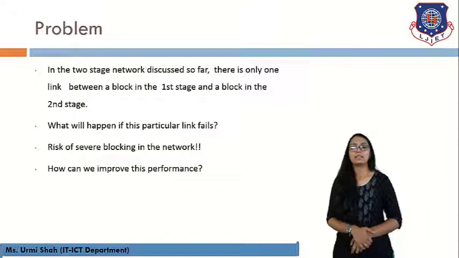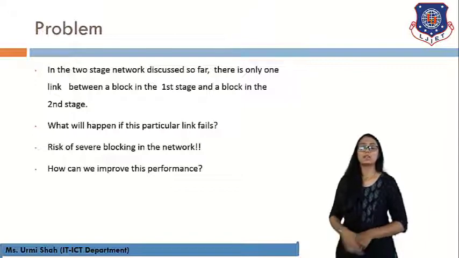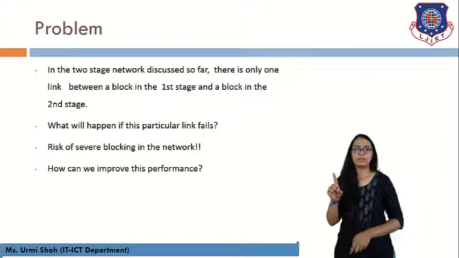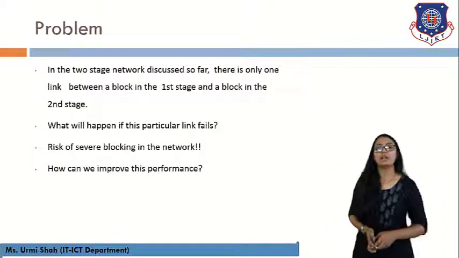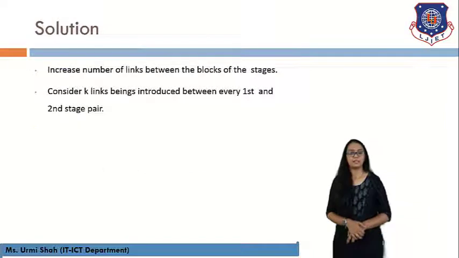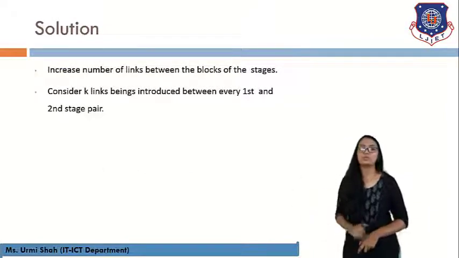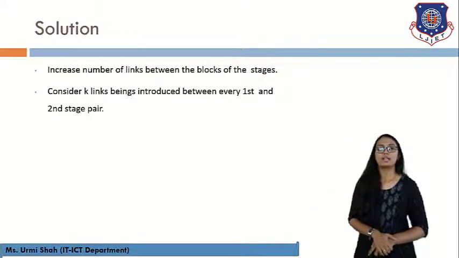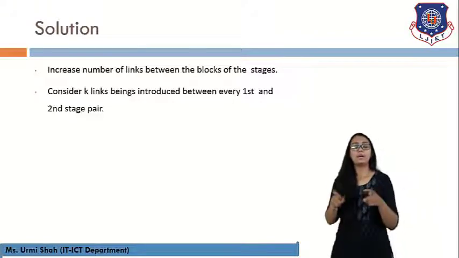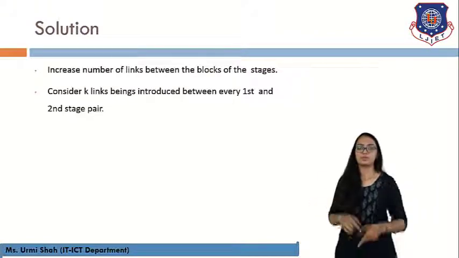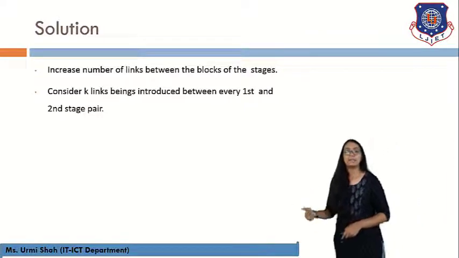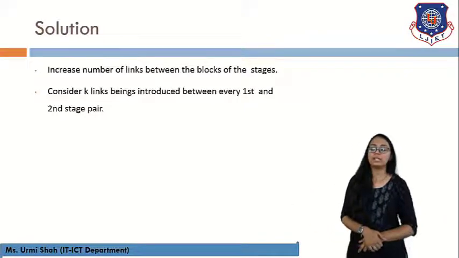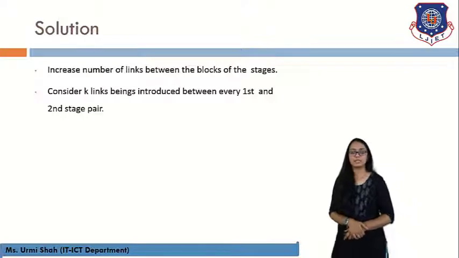So basically in this case, if there is only one link between a block in the first stage and the second stage, how will we avoid the blocking of the network? The solution for this problem is, we can increase the number of links between the blocks of the stages, or we can consider k links being introduced between every first and second stage pair.